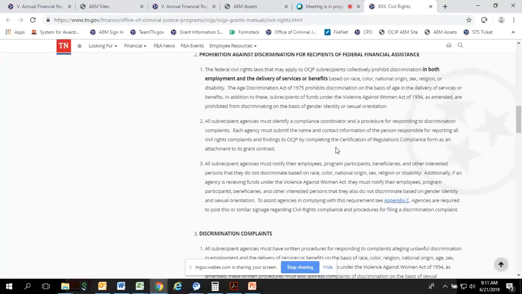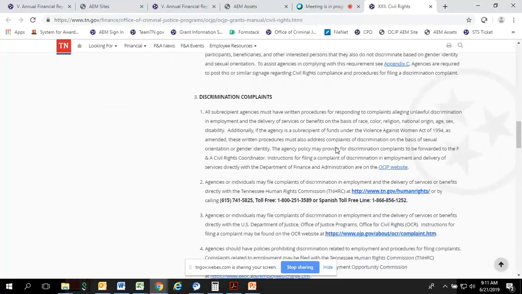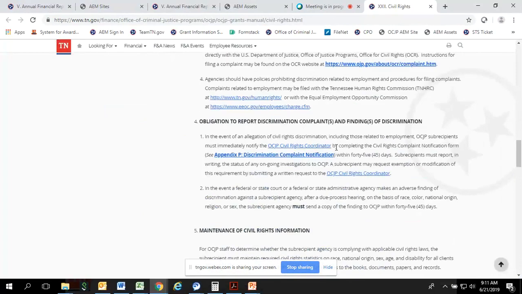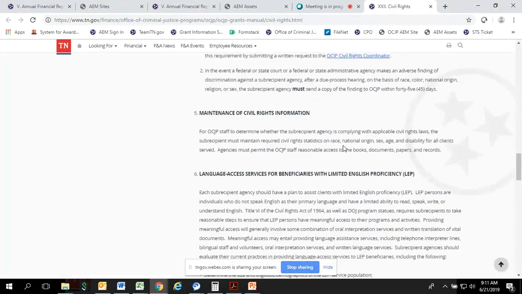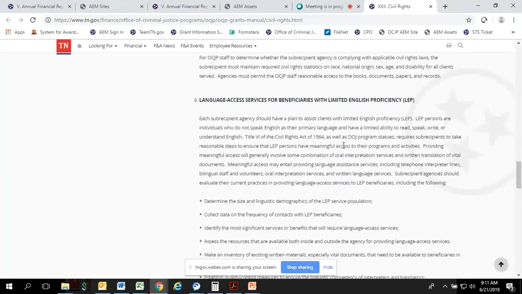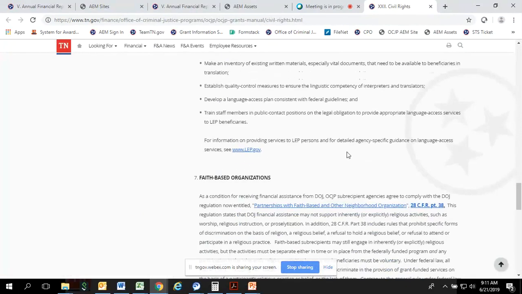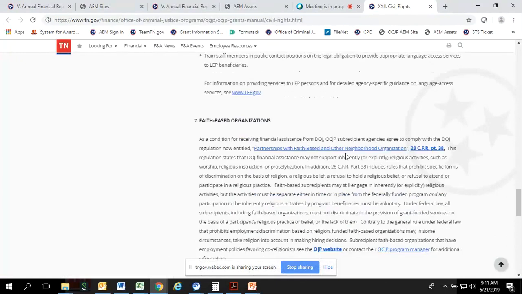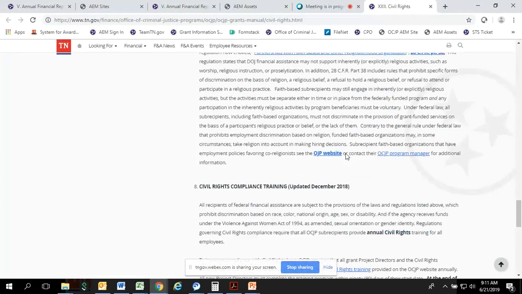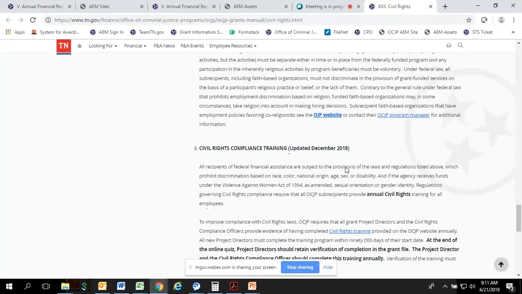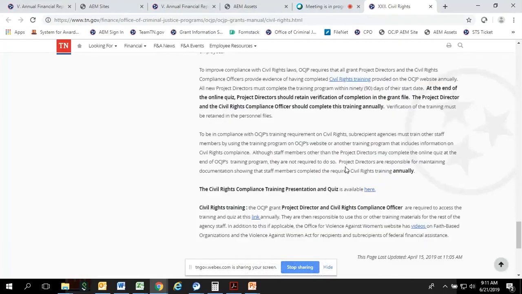It talks about the prohibition against discrimination, the discrimination complaints and how to handle them, your obligation to report complaints or findings of discrimination, how limited English proficiency plays into that or into civil rights and faith-based organizations. And then finally, it talks about compliance training with civil rights.